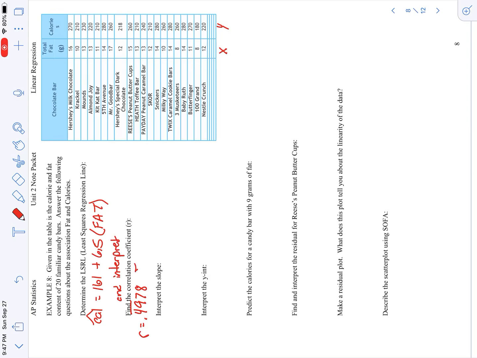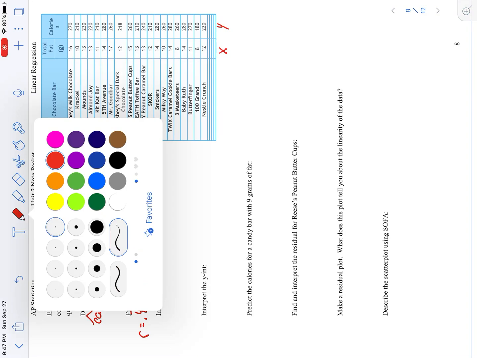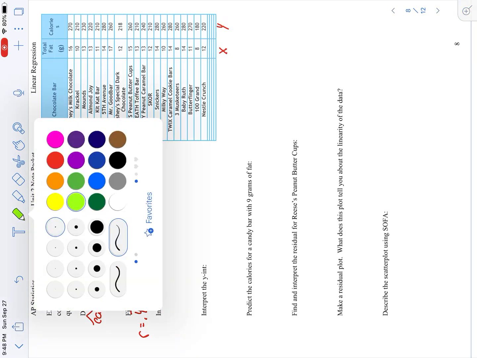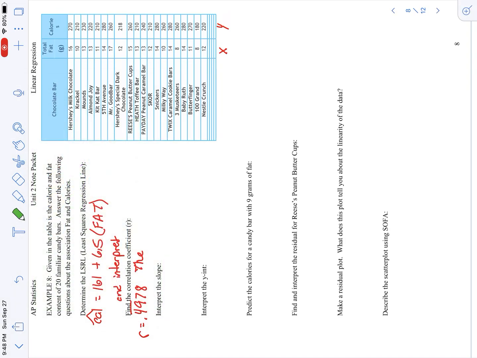And so again, interpretation is going to be context, strength and direction.